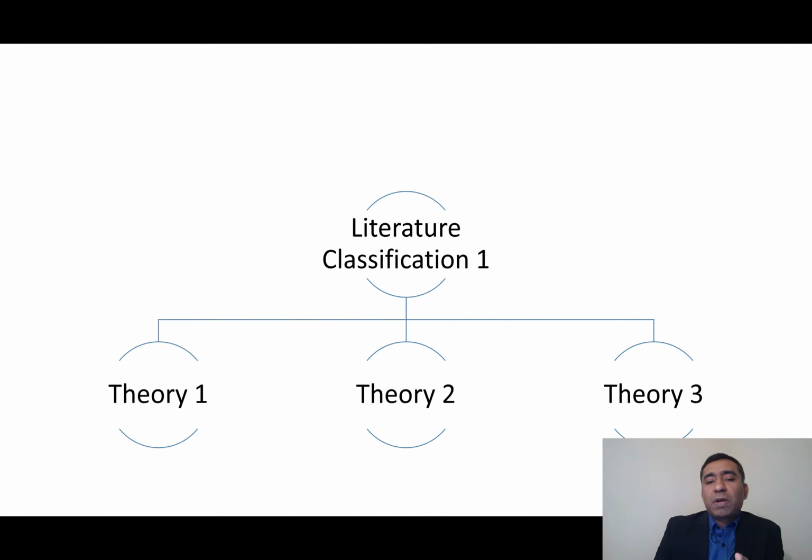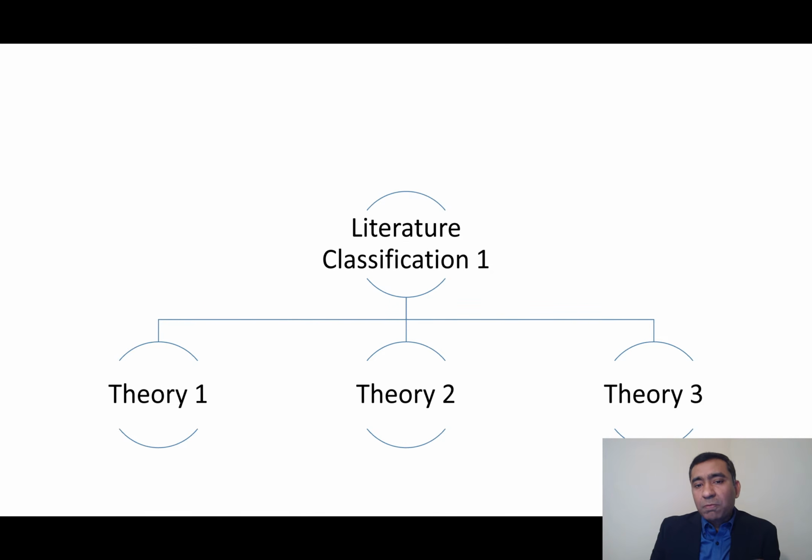For example, you have studied 25 studies in literature 1, classification 1. This classification is maybe a subcluster based on theoretical development, maybe method based, or maybe any justification which you have provided for classifying that literature, or you have used tools, for example VOSviewer or Biblioshiny, to classify these literature into different categories.